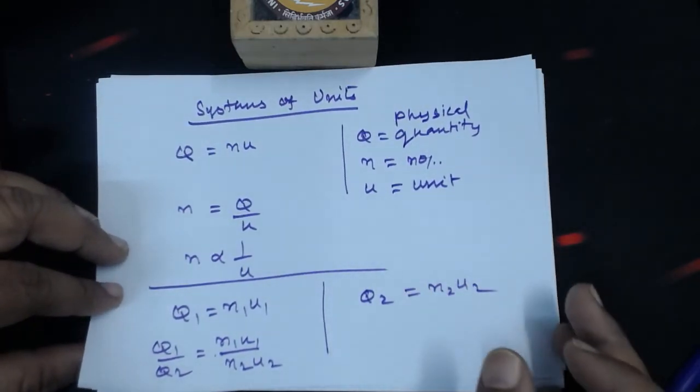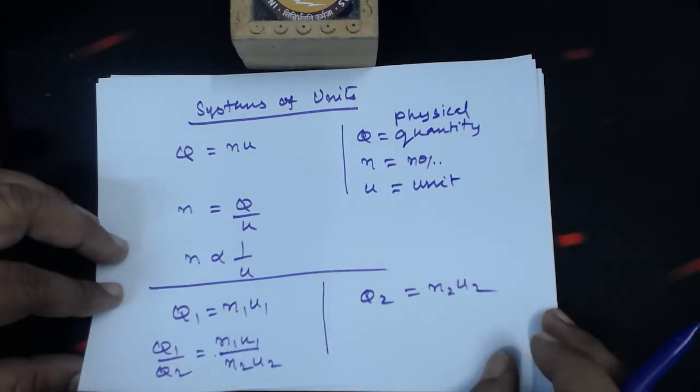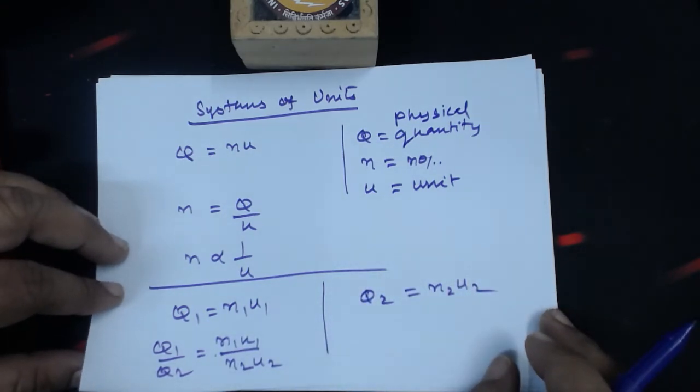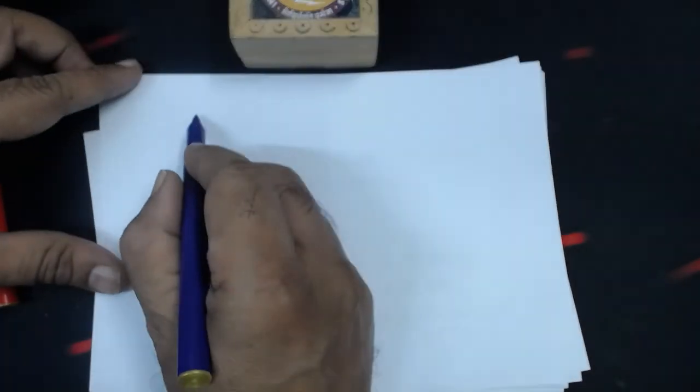We will talk about what are those systems of units. We had got different systems of units before implementing the international system of units. So what are the different systems of units?